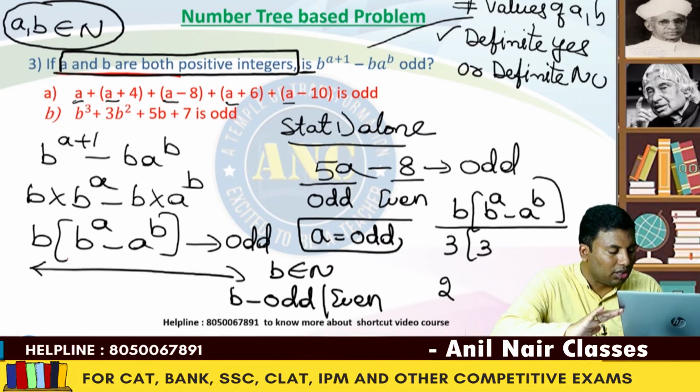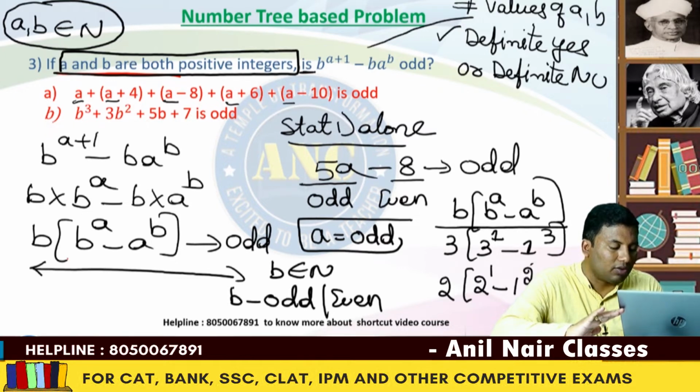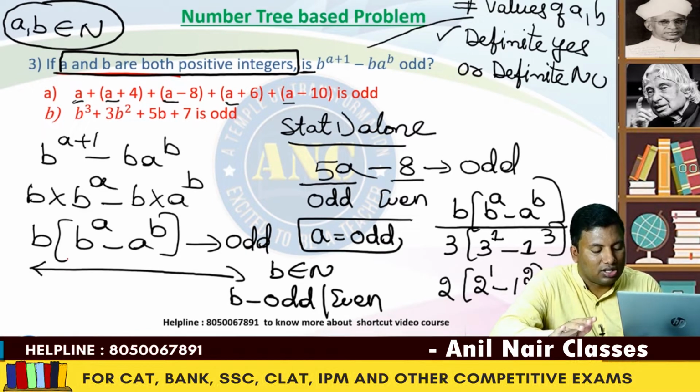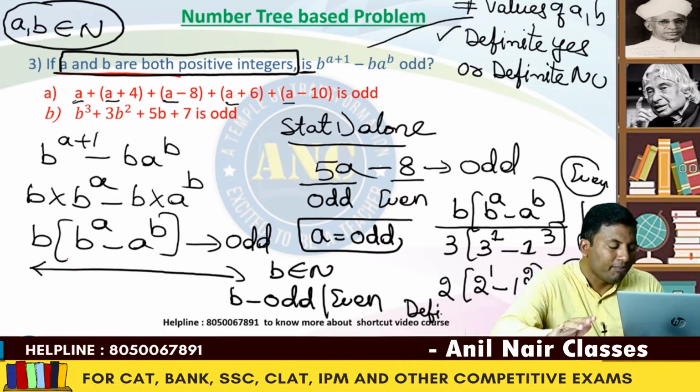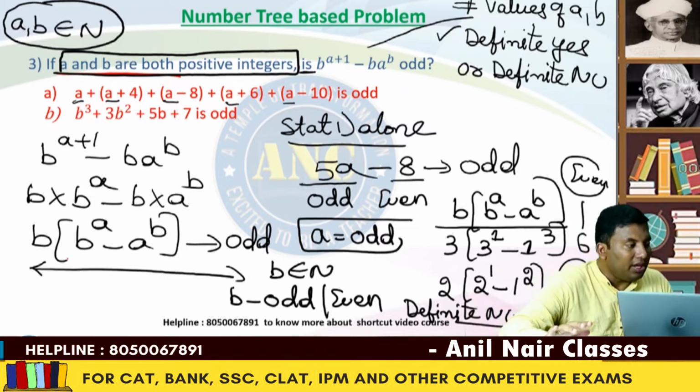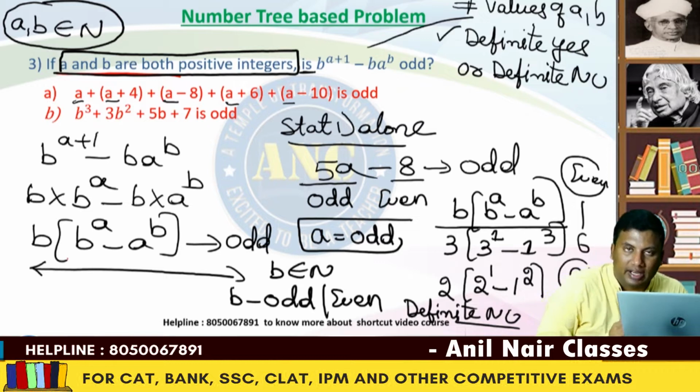A is an odd number, so I will take 1. 3 power 1 minus 1 power 3 gives 3 minus 1 is 2, and 3 times 2 is 6. 6 is an even number. Definite no. For B value 2, 2 power 1 minus 1 power 2 gives 2 minus 1 is 1, and 2 times 1 is 2. 2 is an even number. Definite no is as good as definite yes. I hope it is clear.